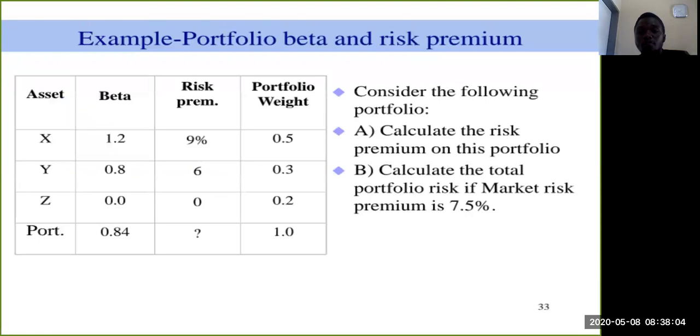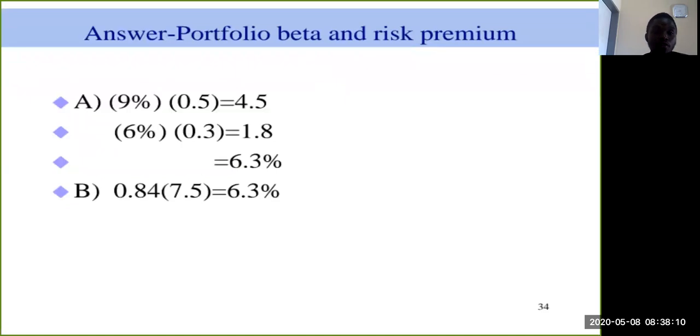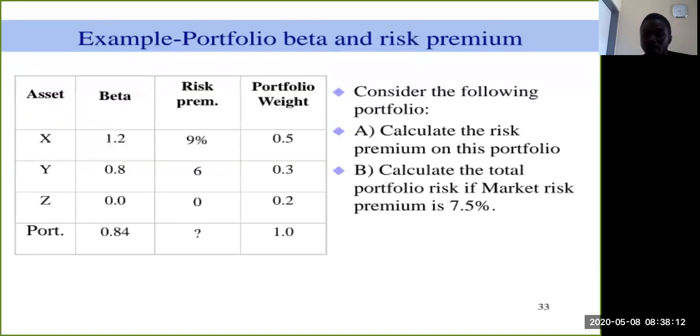Calculate the total portfolio risk if market risk premium is 7.5%. So we've got now the B part, which is talking about calculating the total portfolio risk if the market risk premium is 7.5%.